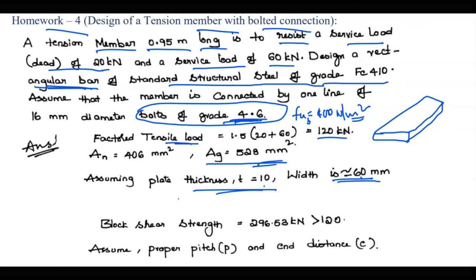After that, check the strength of the plate, the design tensile strength of the plate. The tensile force that is acting is 120 kilonewton, so take care that the strength of the plate is greater than this 120 value.